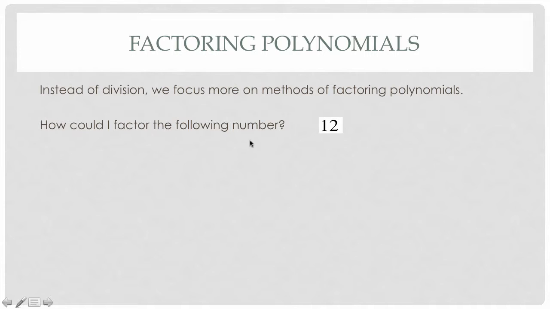Well, let's start with just the number 12 here. How would I factor the number 12? Well, you may think of a factoring tree, right? 12 is the same as 3 times 4, but then 4 I can split up into 2 times 2. And so 12 factors into 3 times 2 times 2.